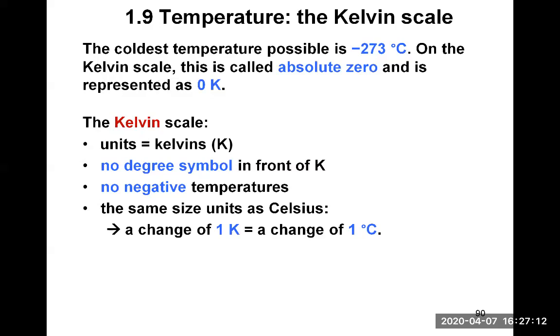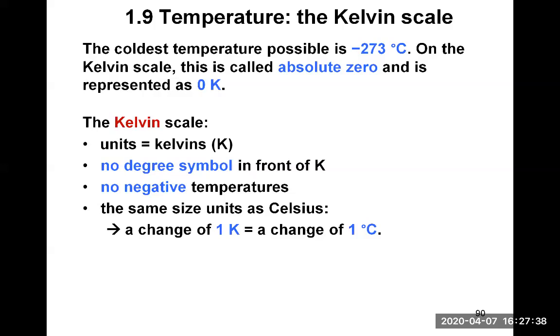Whenever you have equations that are using temperature, you will need to use Kelvins because they really represent the motion. At 0 Kelvin, there is no motion. And as you go up in temperature, you have some motion and then the temperature increases. So in the Kelvin scale, there is no negative temperature.